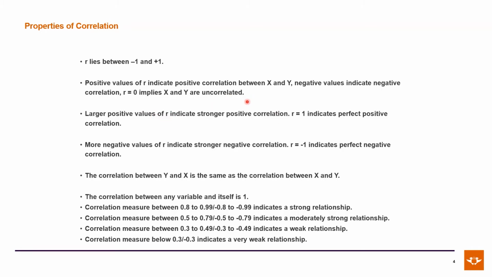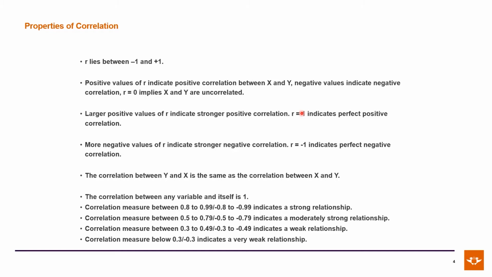R equals 1 indicates a perfectly correlated series, which is only the case in theory. You typically don't get this, except for the correlation between a variable and itself. And then the same applies for negative values. The more negative R becomes, the stronger negative correlation we've got between two variables, X and Y, -1 being perfectly negative.